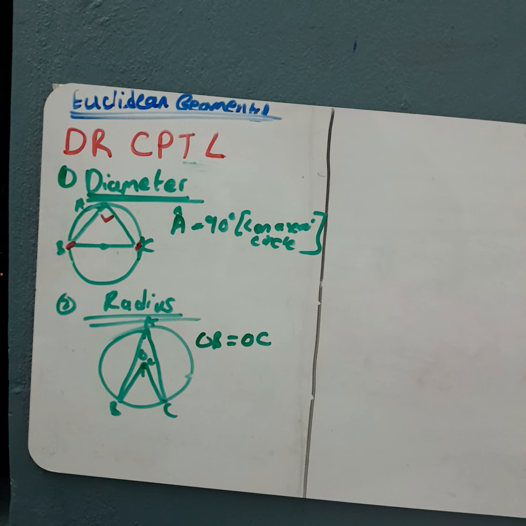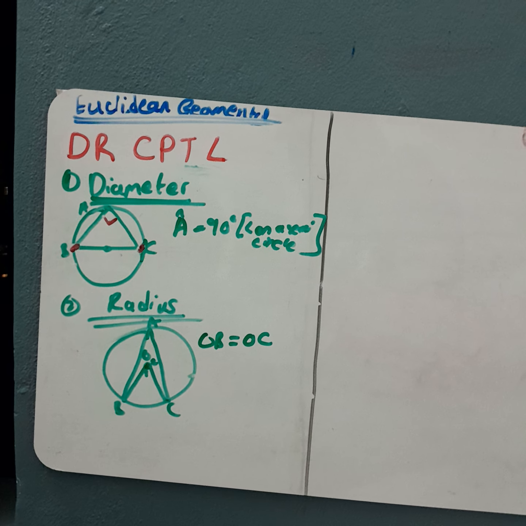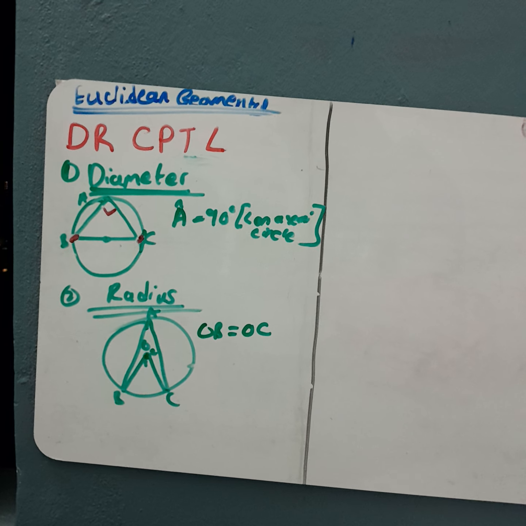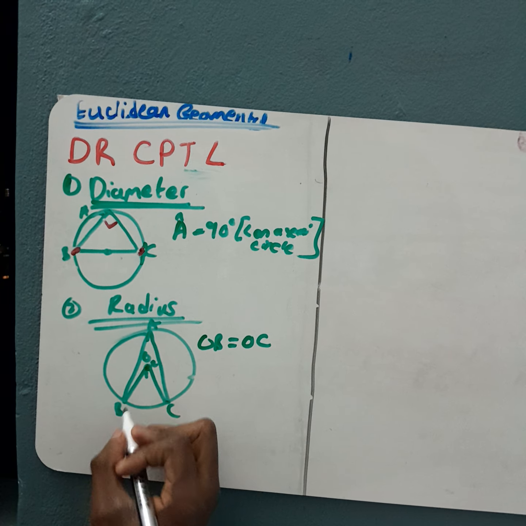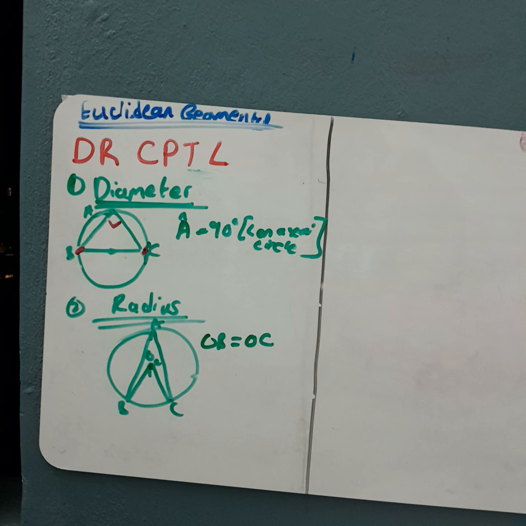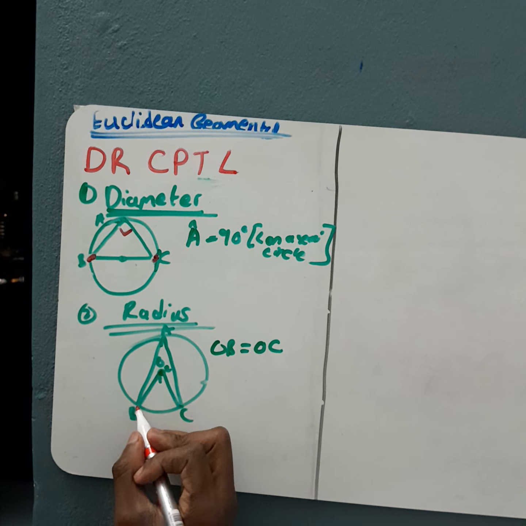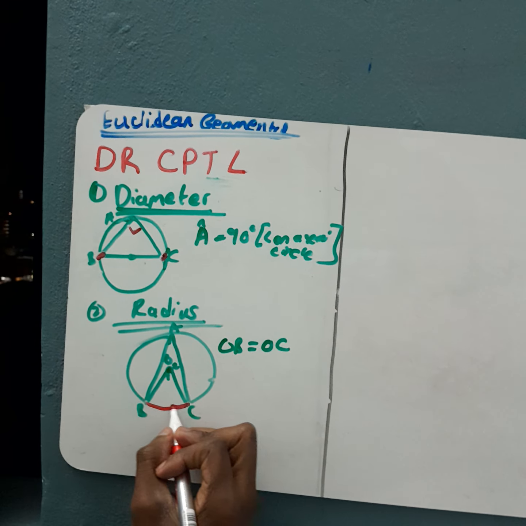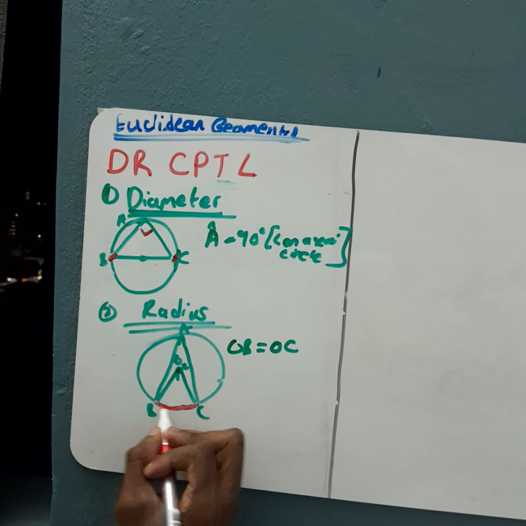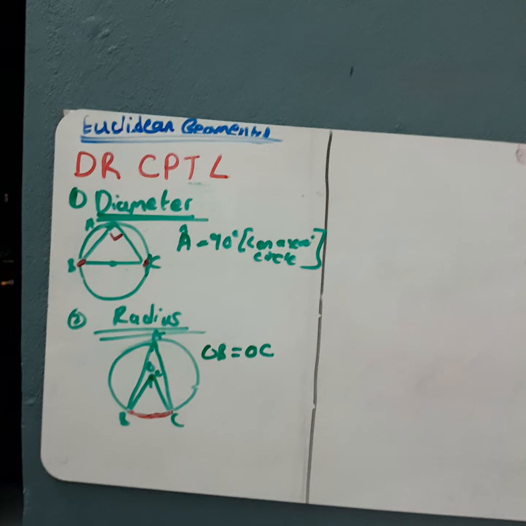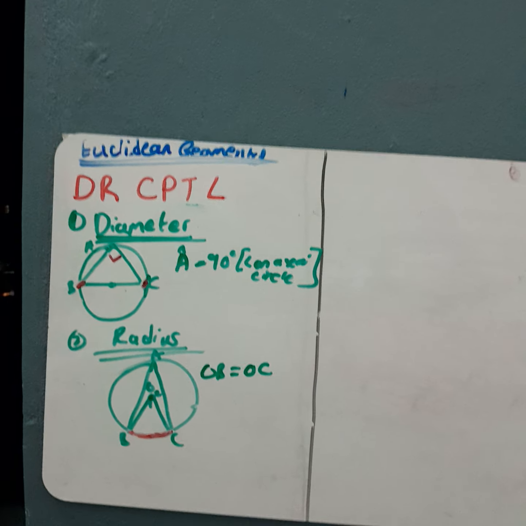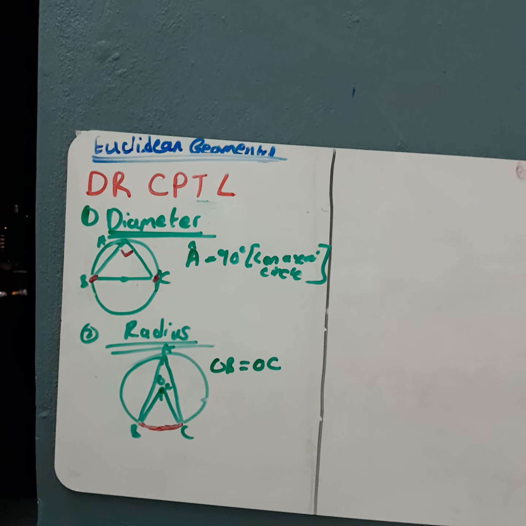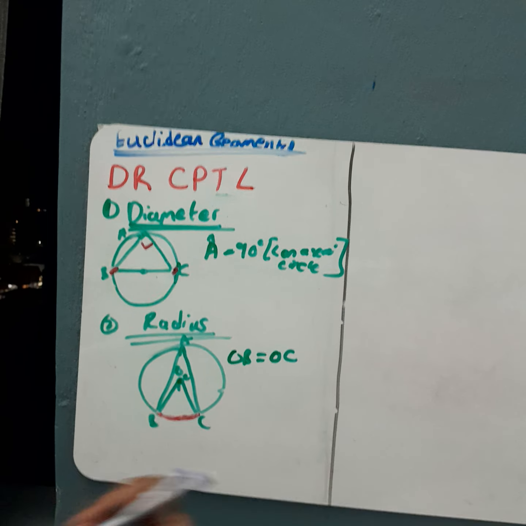But for this theorem, we are going to deal with angle at center twice angle at circumference. So how do we check that? We check arc BC. You can see that this is an arc. The angle subtended by arc BC at the center is twice the angle subtended by arc BC again on the circumference.